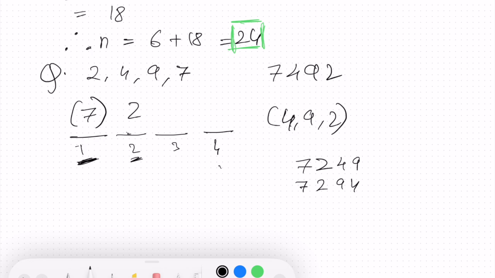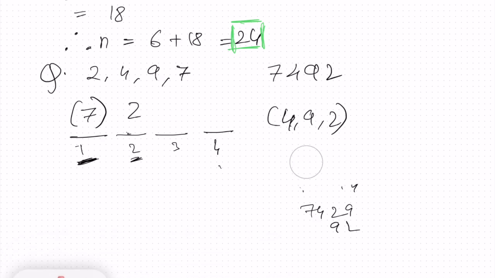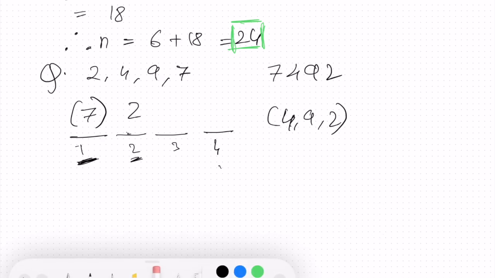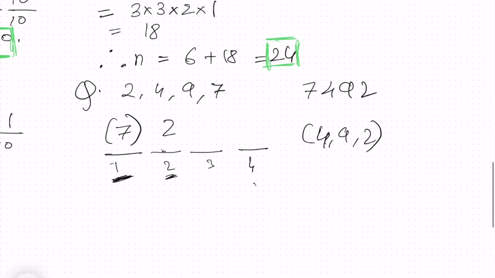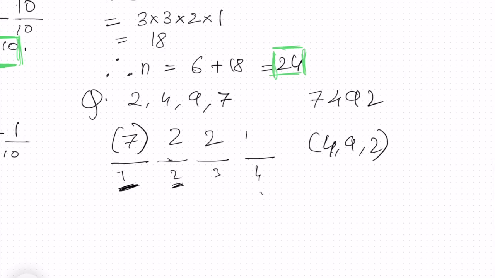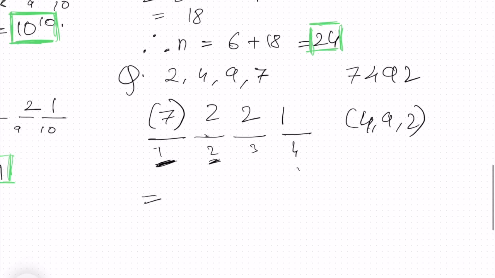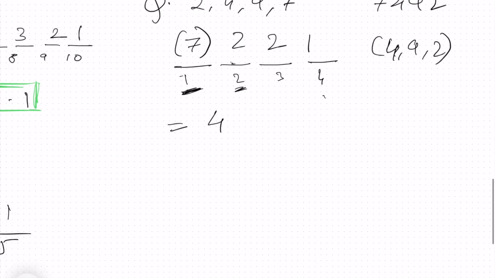The same goes for 74 and then 29 or 92. So there are two ways to fill position 2, and because we've used up 2 digits, positions 3 and 4 can be filled in 2 and 1 ways. So this is 2 into 2 into 1, 4.